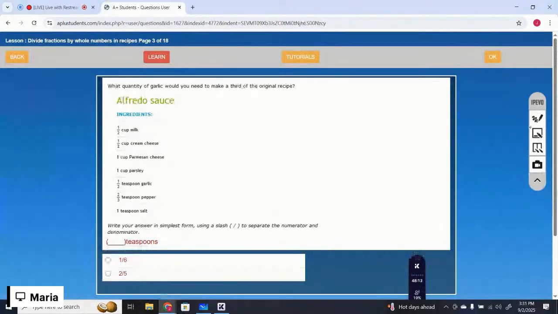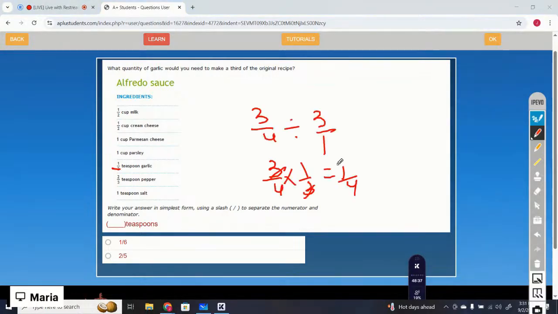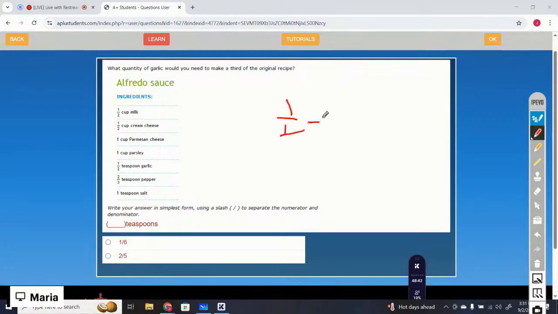What quantity of garlic would you need to make a third of the original recipe? So the garlic is used half teaspoon, right? So a third of the recipe means divided by the 3. That is 1 over 2.